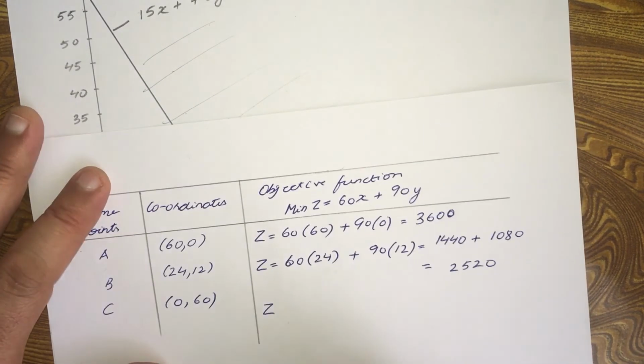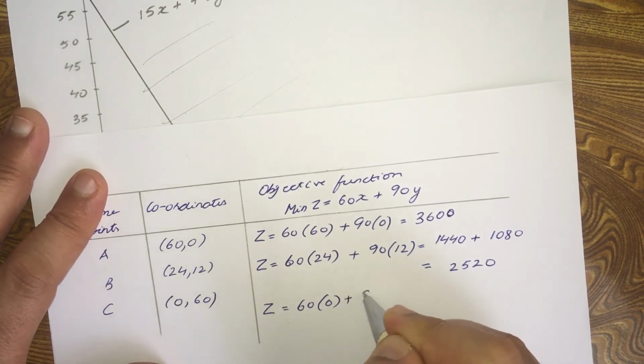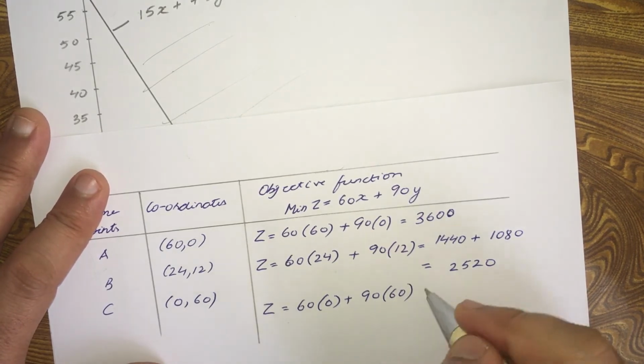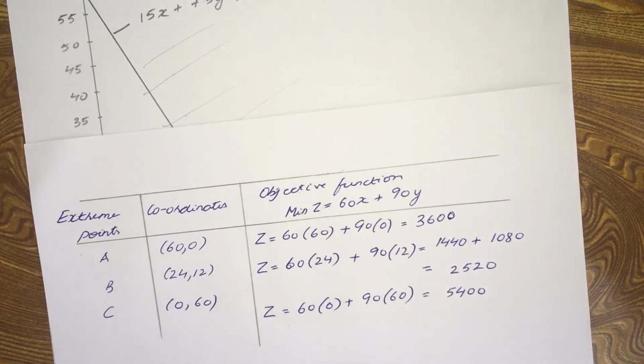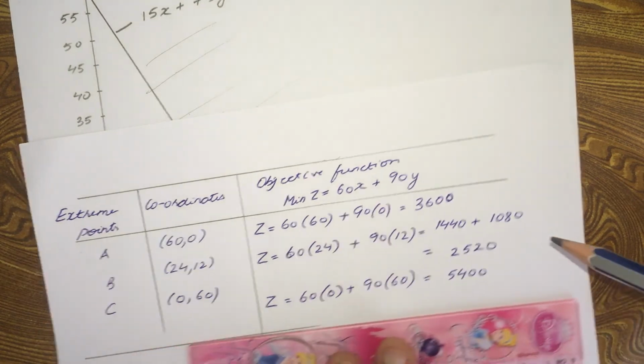The third one is 60 into 0 plus 90 into 60, which is 5400.